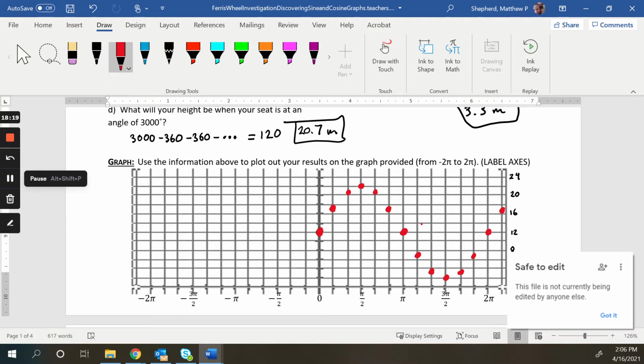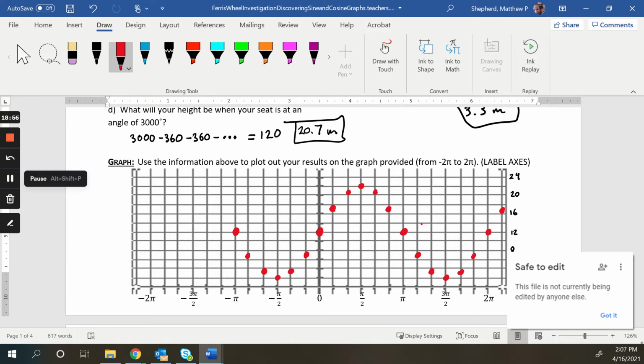Okay, but what if we went backwards? Once again, same numbers, just opposite order. So if we started at 12 and the thing went backwards and we went a negative pi over 6, then we would be down at the 7. And then we'd continue down and be at the 3.3, then at the 2, then we'd be at the 3.3, up to the 7, and then we'd finally be up at the middle of 12.